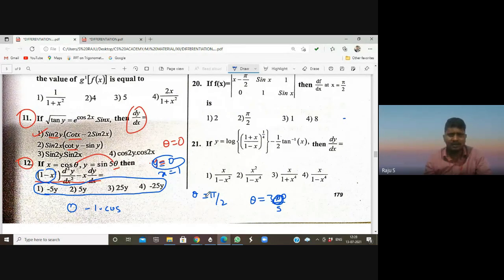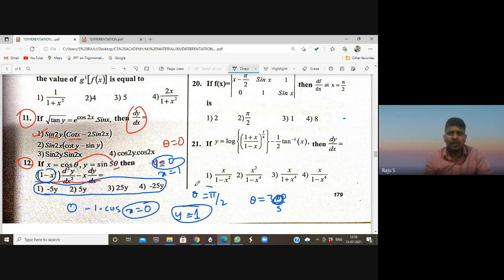When you take theta value 90, x value becomes 0. The y value becomes 5 into 90. What is 5 into 90? It will be 450, nothing but sin 450, sin 90.